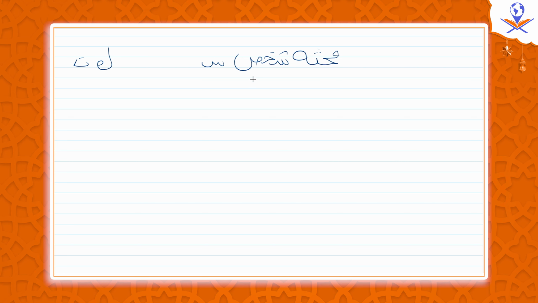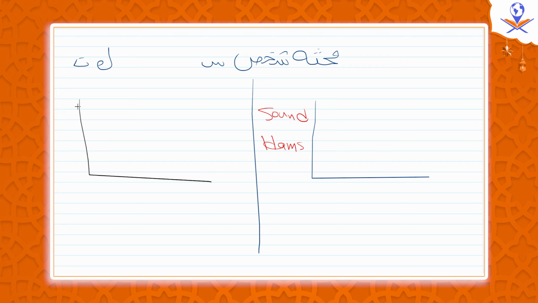Let me make it something like this: X axis and y axis. Here we have the sound of the letter, and here we have hams. And I'm going to do the same with kaf and ta. Here the sound, and here hams.